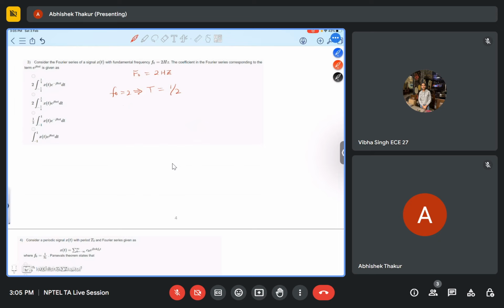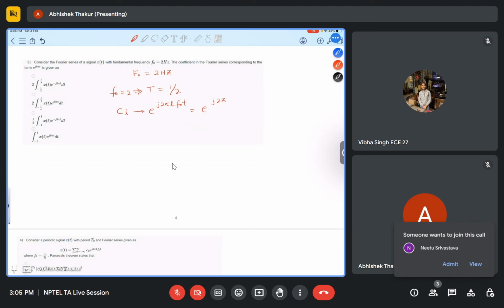And let's suppose the Lth coefficient C L in the Fourier series corresponds to the term e to the power of j 2 pi L f naught t. Okay. So f naught is 2, that will be 4 pi, and t is also 1 by 2. So that will become 8 pi.